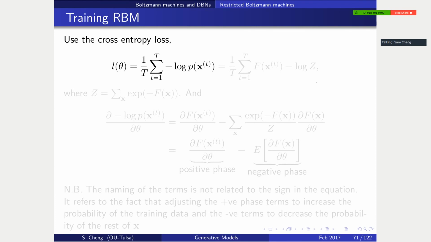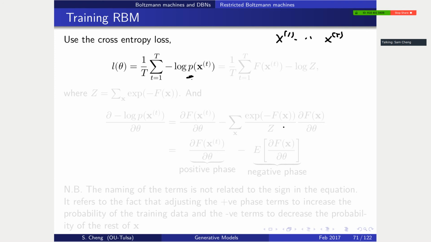So in terms of training, as we mentioned earlier, if I know the p expression here, of course this p is parameterized by this W and c and b and so on. Now, let's say I have some data points x1 up to xT. This is the data I see. So let's try to maximize my model using cross entropy loss.